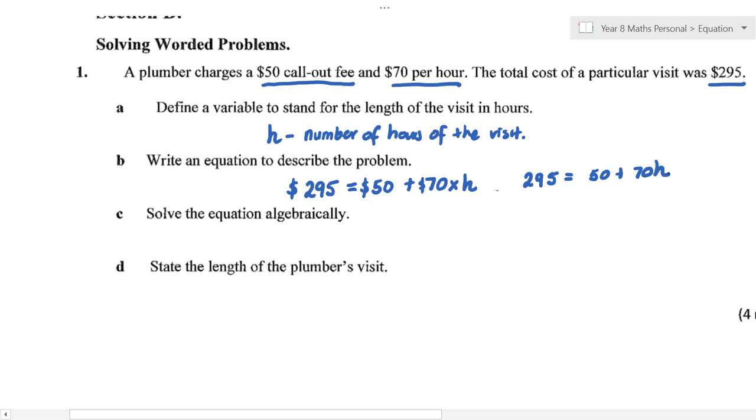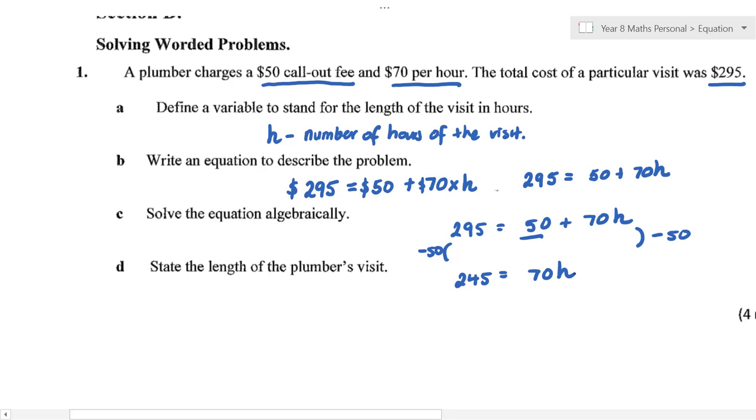Now it says solve the equation algebraically. So now what I want to do is I have my equation, and girls, what is the furthest thing from the 70H? The plus 50. So we need to minus 50. Very good. So we minus 50 from both sides, which gives us 245 on the right-hand side, and then we've got 70H.